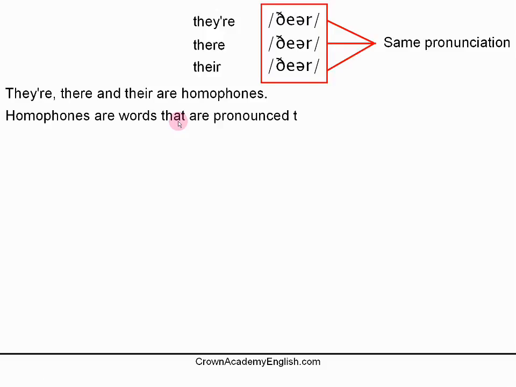Homophones are words that are pronounced the same, but have a different meaning and spelling. As you can see, the sound or the pronunciation is the same, but the spelling is different, and as you will see, the meaning is also very different.